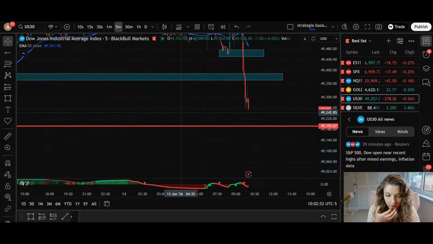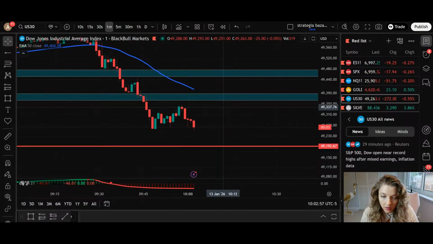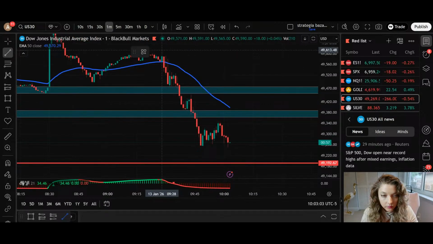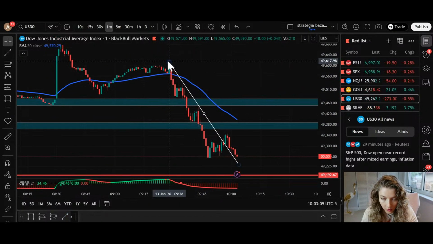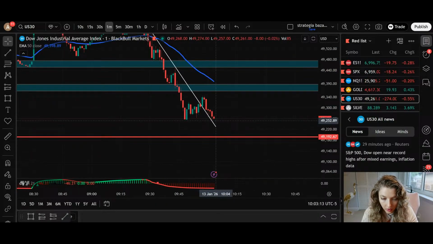Next is here. Let's see. 1 minute. Do I have a trend line here? Yes, a trend line that was broken here.